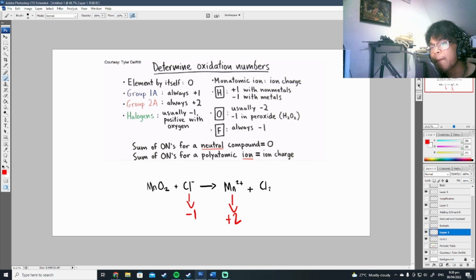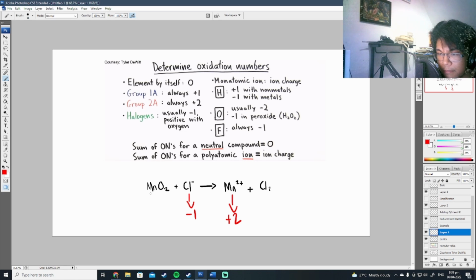So now let us move on to actually getting the acidic and basic solution. The first step in balancing redox equations is to get the oxidation numbers for the elements in the equation. So let's start with the very left.